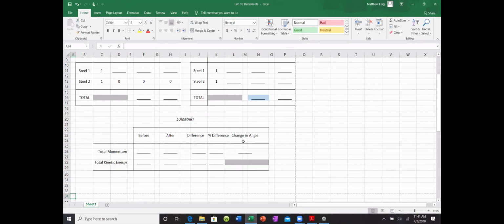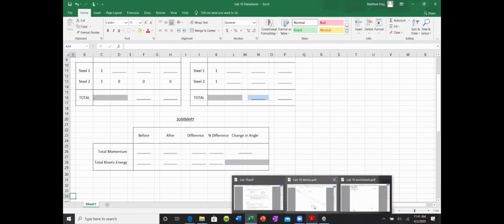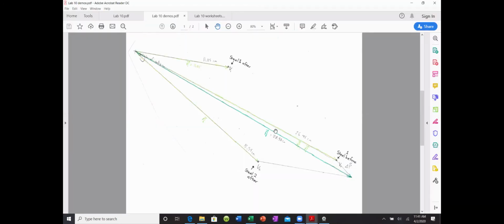Now, there's no angle to record for kinetic energy because it's not a vector, but there is a change in angle that I'd like you to fill in here for the momentum. And what would that be on the sheet? That would be this small angle right here, which for this person's diagram looks to be maybe just 3 or 4 degrees, a very small angle, difference in angle between light green and bluish.